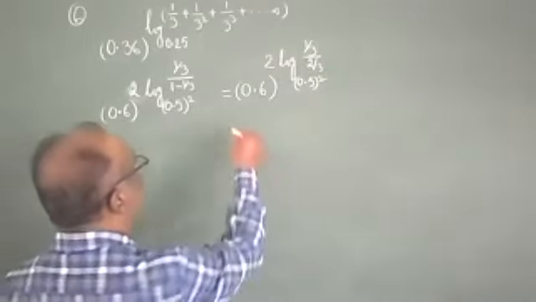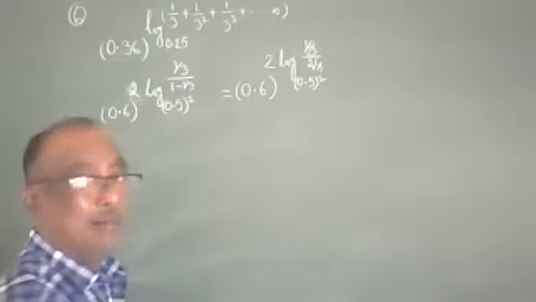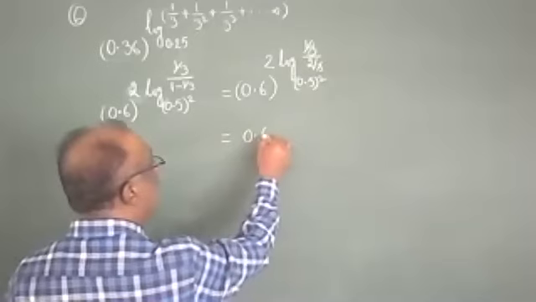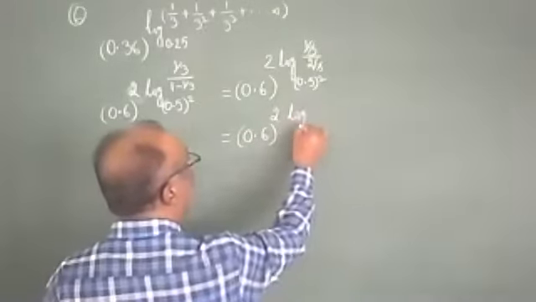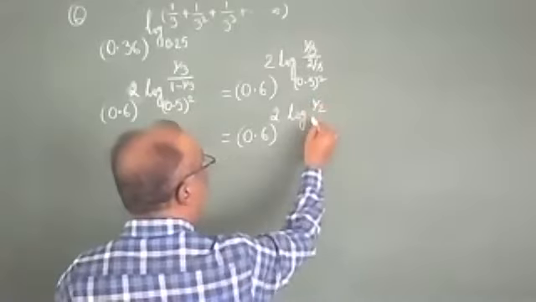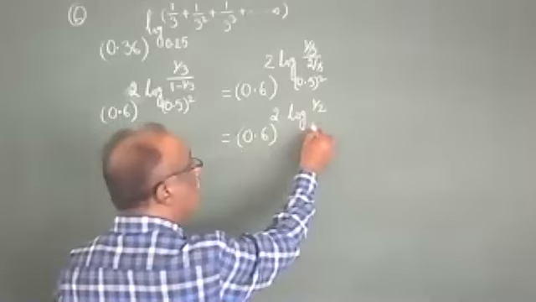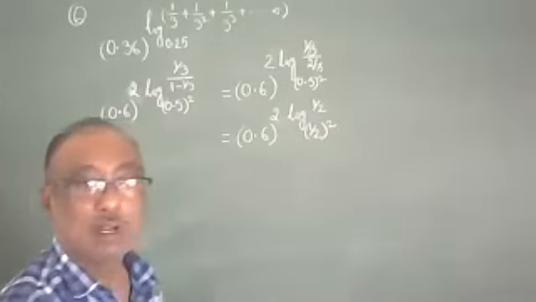Right. Next one is 3 cancel. It will become 1 by 2. 0.6, 2 times of log 1 by 2 base. 0.5 means 1 by 2 square. 0.5 means 1 by 2.